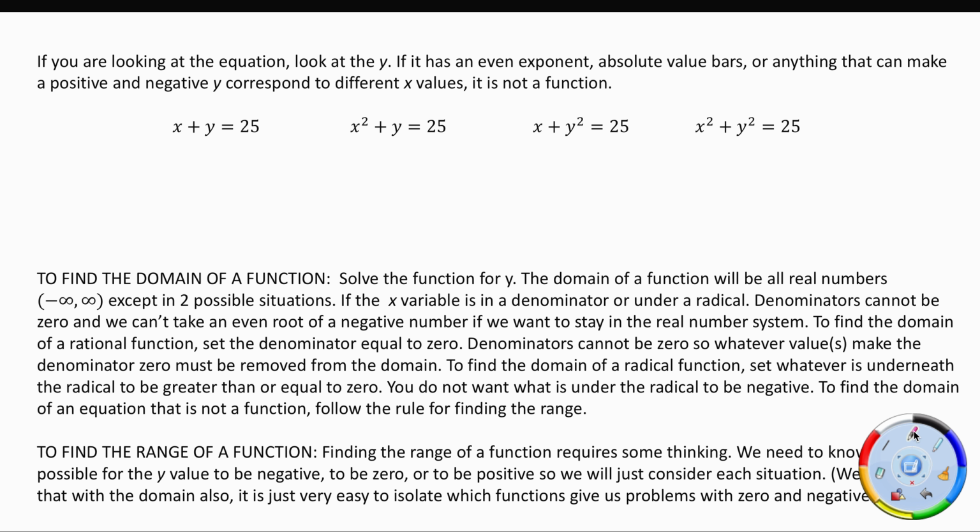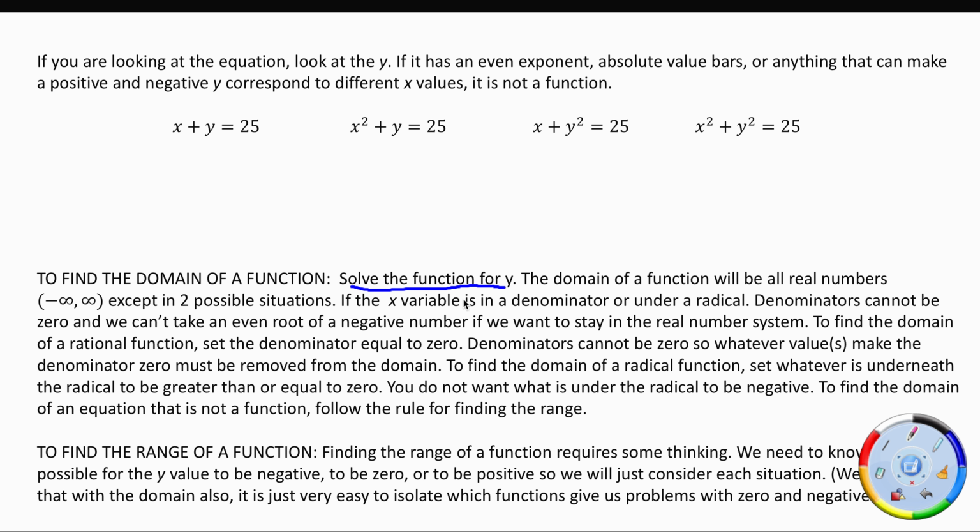Okay, so now that we can determine if something is or is not a function, we need to be able to find the domain and the range of a function. Remember, the domain means we're asking about the values of x, and the range means we're asking about the values of y. If I have determined that something is a function, I want to solve it for y.